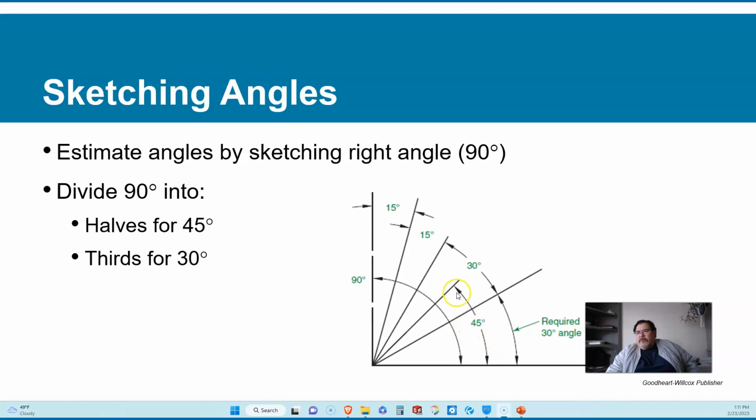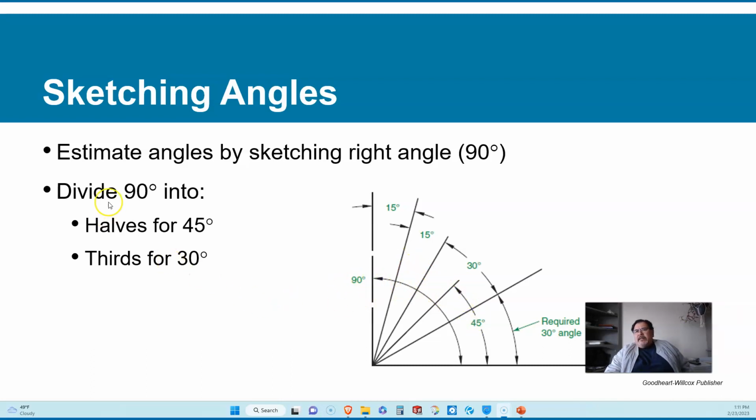This space here is 45 degrees, and if you take 45 and 45 and add them up, they give you 90 degrees. So that's how you know what they represent. Why is it they're in the middle? Because it's half of 90 degrees.